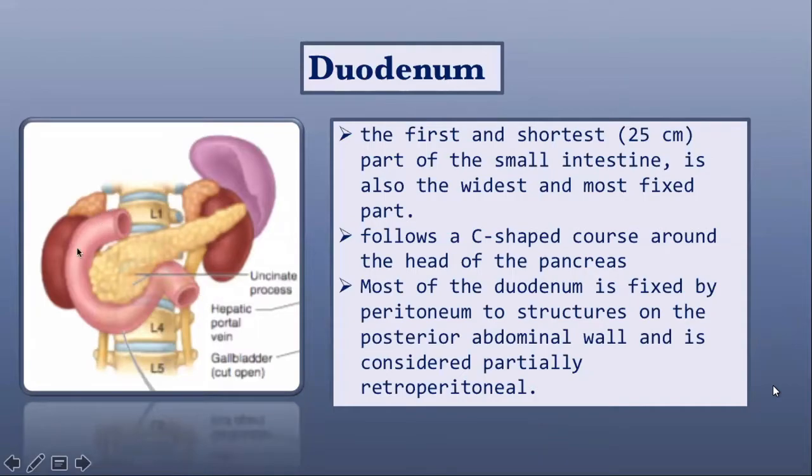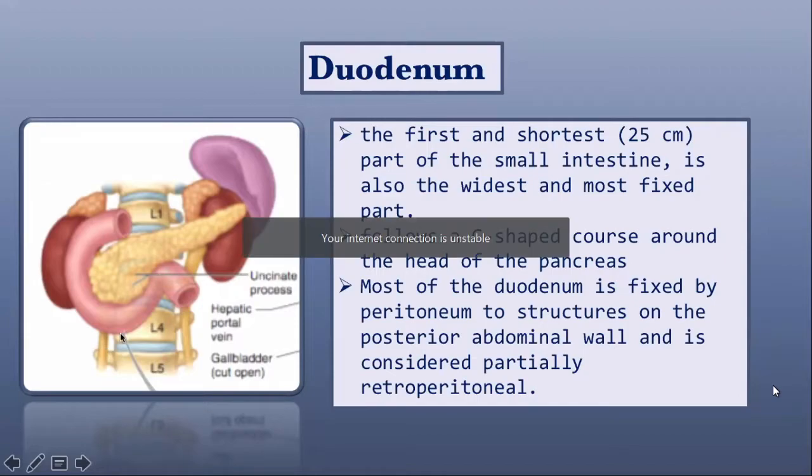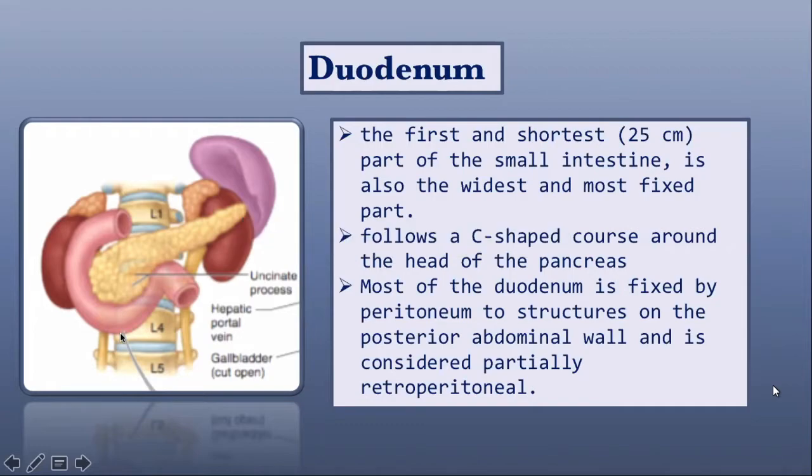Pancreas. So this is the head of the pancreas. This is your C-shaped duodenum. And most of the duodenum, okay, it has four parts.